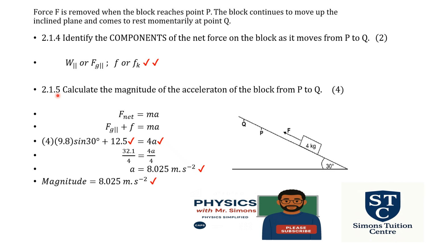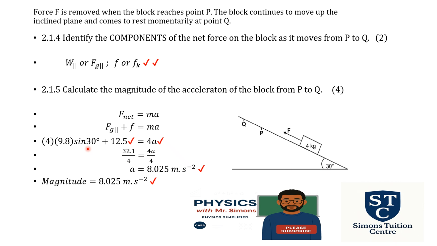Now 2.1.5, calculate the magnitude of the acceleration of the block from P to Q. So there was acceleration, so F net equals ma. Going from P to Q, the only two forces that were working, Fg parallel and friction, equal ma. They were working in the same direction. So Fg parallel, remember, is m times g times sine the angle, which given there is 30 degrees.